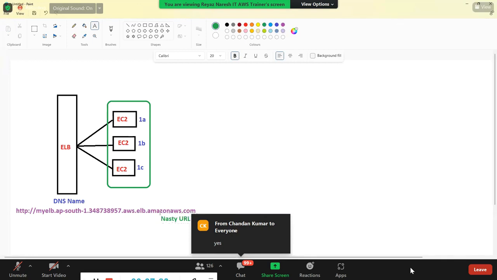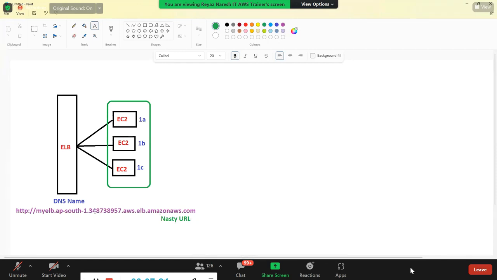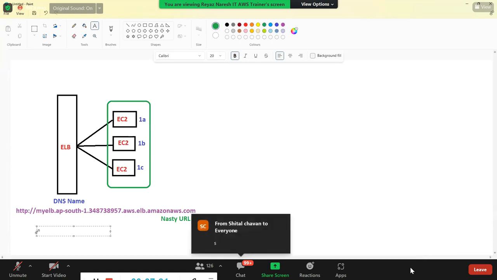It's not good. So instead of that, can we map this nasty URL to a nice name called boom.com? You can give any name like boom.com. Boom.com should be mapped to this nasty URL, the ELB DNS name.